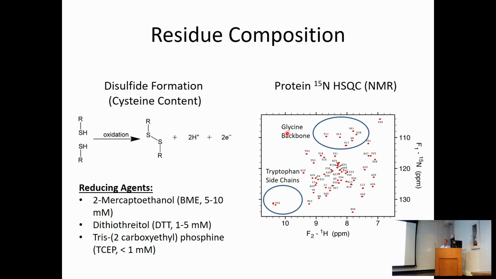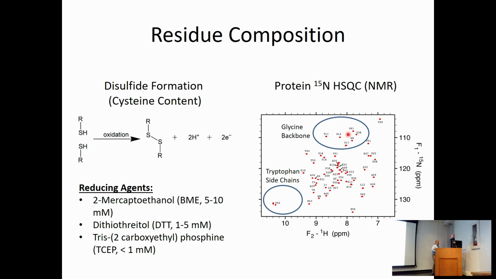And one of the things that my postdoc advisor used to say to me is if I was looking at a new protein, he would ask me, well, how many glycines are there? How many tryptophans are there? Because you can look at this northern region of the HSQC, and if you're expecting to see 15 glycines and you see 2, well, that probably means that you've got some bad news.